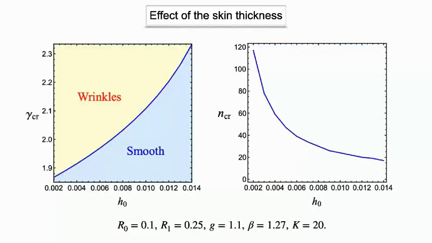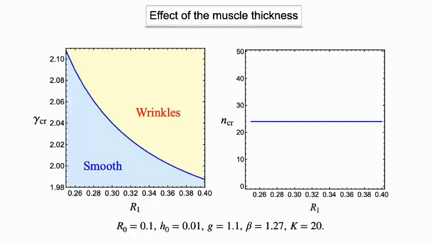Now we want to show the effect of skin thickness. You see that a thicker skin increases the critical value for wrinkling, but it will also reduce the wave number, right? The wave number is a monotonically decreasing function of H0. Then we examine the effect of the muscle thickness, R1. Typically, you find that R1 has no influence on the critical wave number.